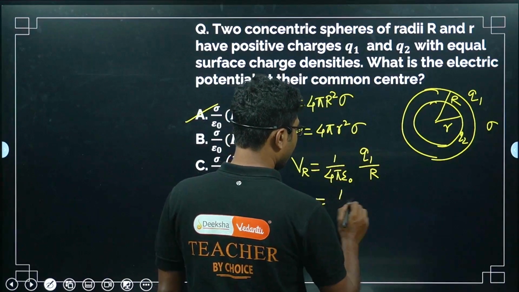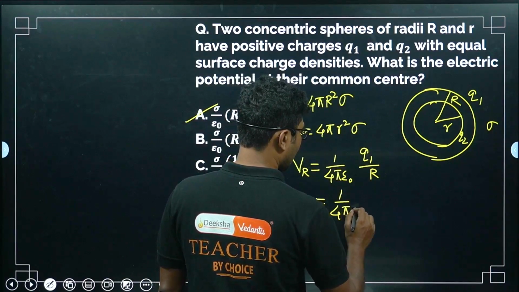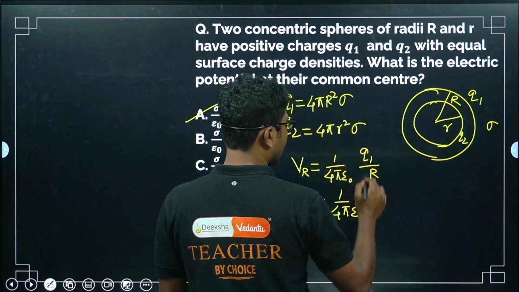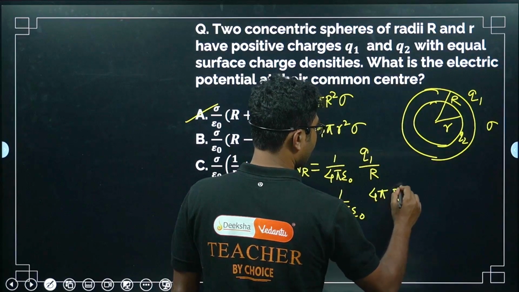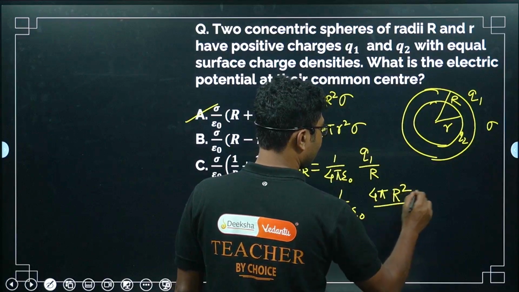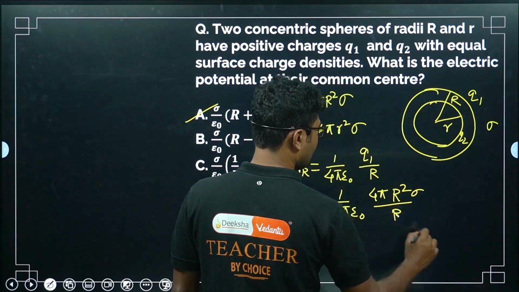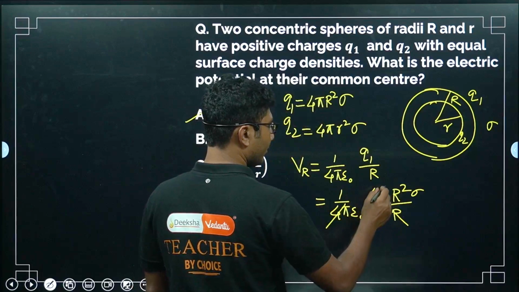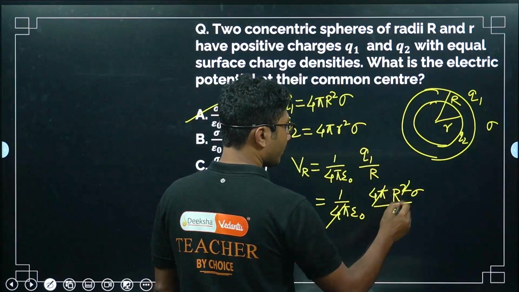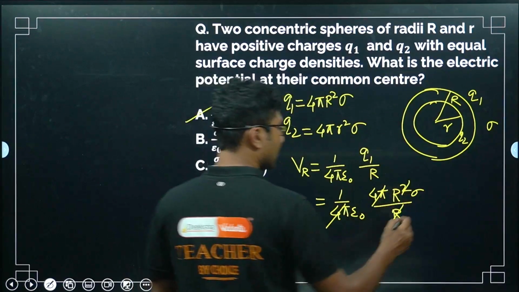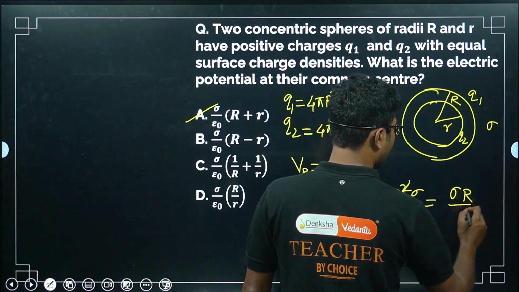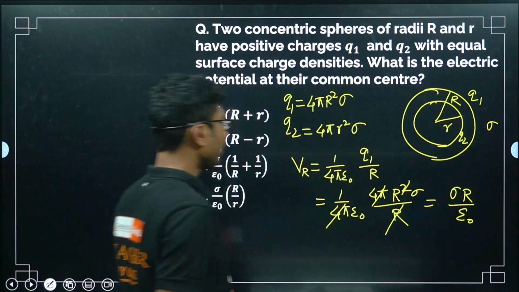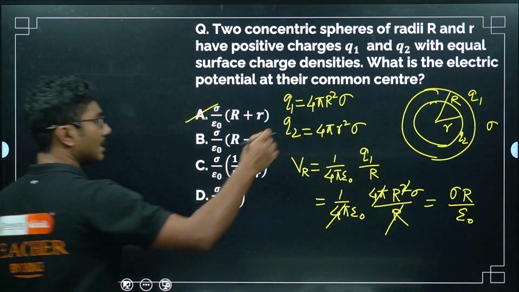So 1 by 4 pi epsilon naught, Q1 is 4 pi R square sigma, divided by R. So 4 pi cancels, and one of the R's is cancelled. What is left is sigma R divided by epsilon naught. This is the potential due to the bigger sphere.